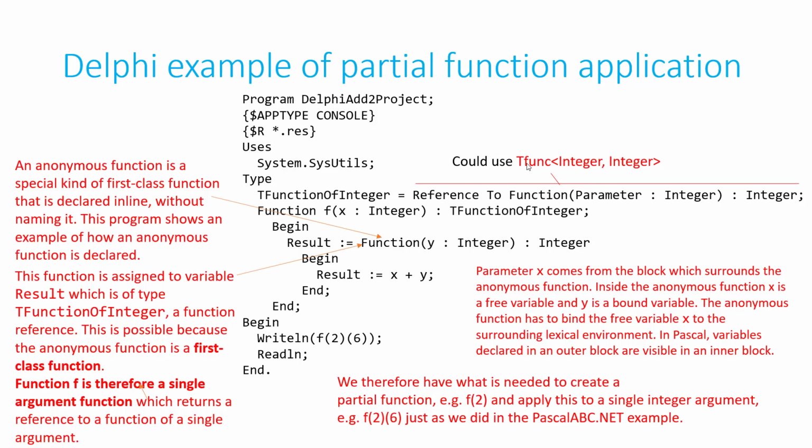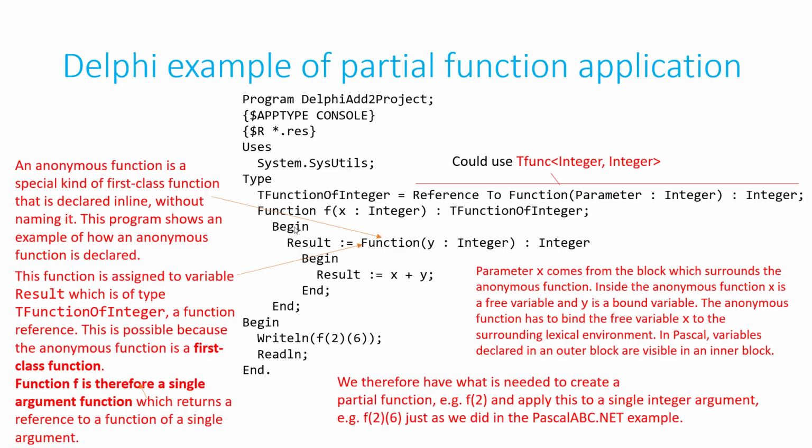Now there is a built-in generic type called TFunc, which I could have used in place of all of this. So I could have said T function of integer equals TFunc integer integer. This name here is actually unimportant. What is important is the data type here.